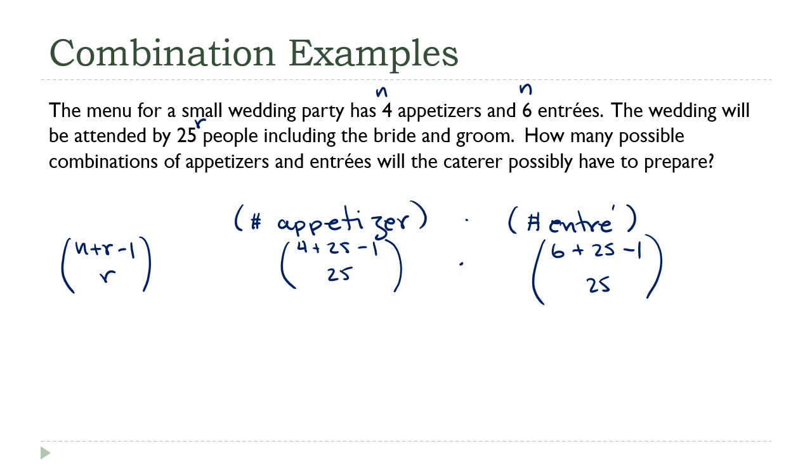So this is 29 minus 1, yes, 29 minus 1. This is 28, choose 25. And over here, this is 30, choose 25. And if you get out your calculator, I'm just a little new to the formula, so let me write this out.